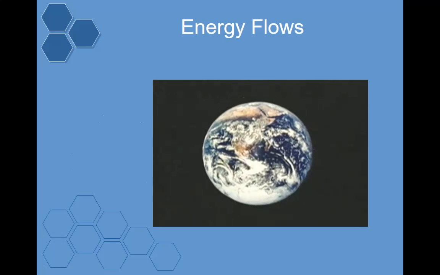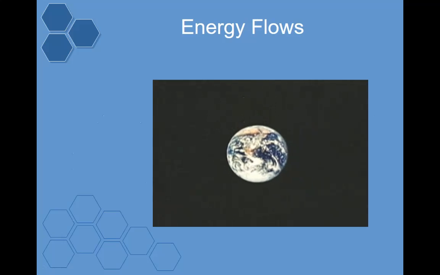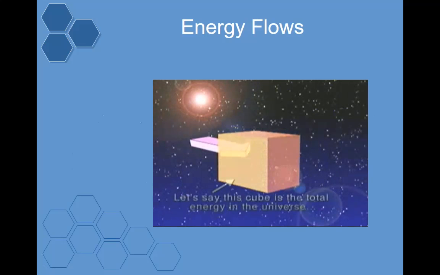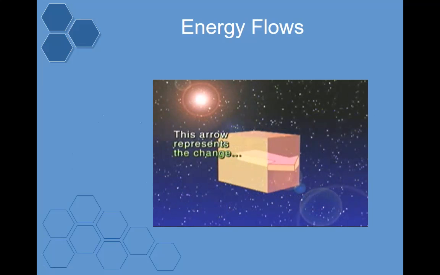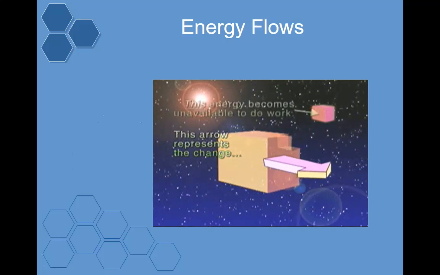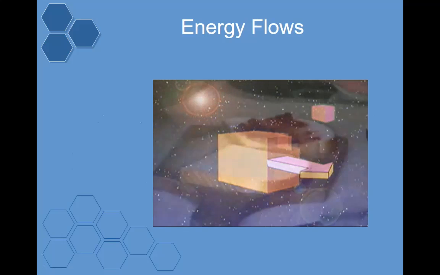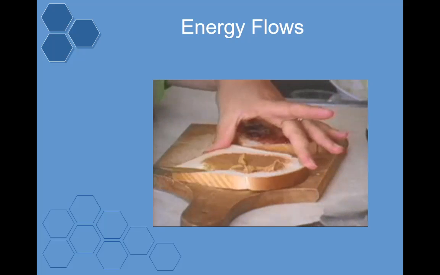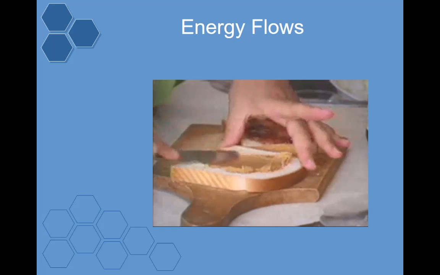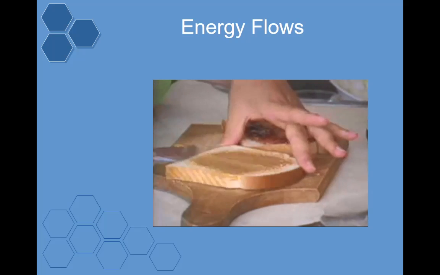The total amount of energy in the universe remains constant. It can change from one form or state to another, but it can never be lost, and no new energy can be made. However, when energy is converted from one form to another, some is converted into heat and becomes unavailable to do work. This is why all living organisms require a constant energy input, and why we need to eat every day.